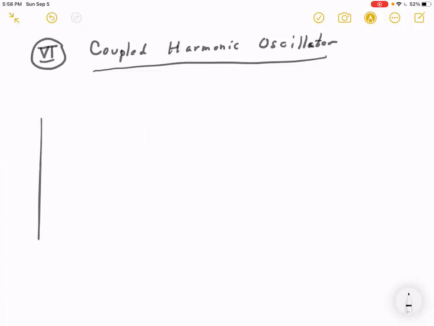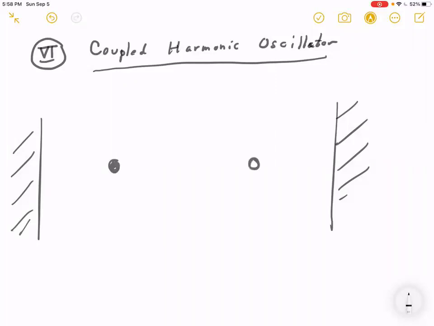So the coupled harmonic oscillator problem is going to be the next step in this process. Instead of having one mass, we'll have two masses. They'll be identical. And instead of having two springs, we'll have three springs. And they're all identical. Let's make our life easy.